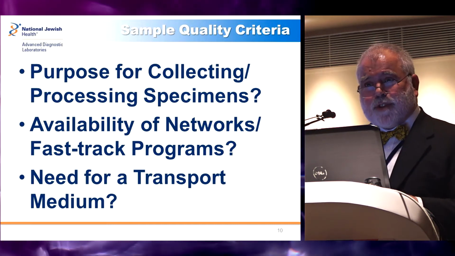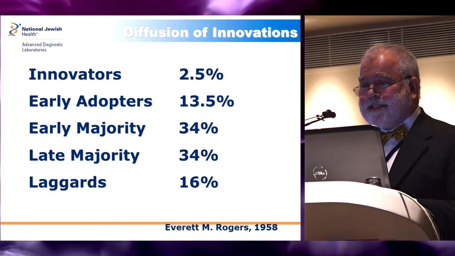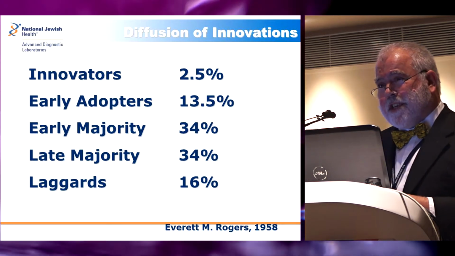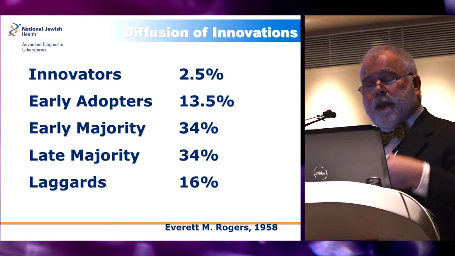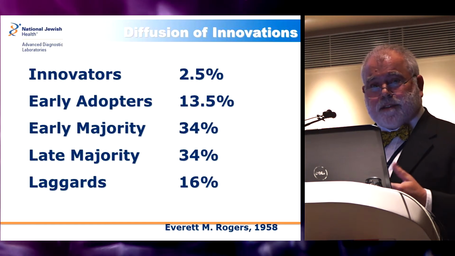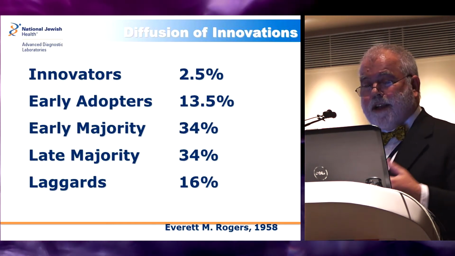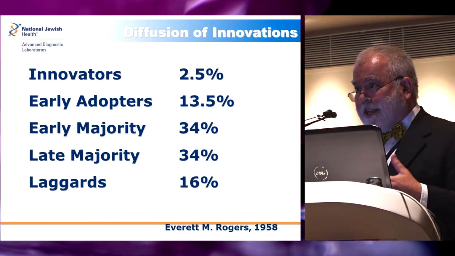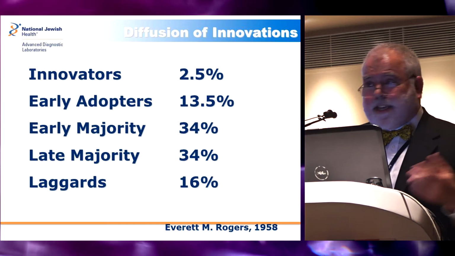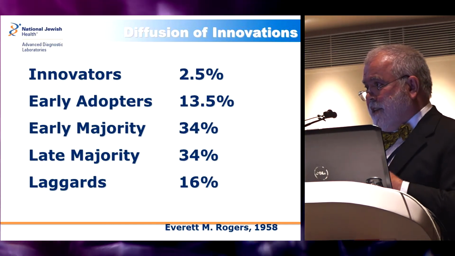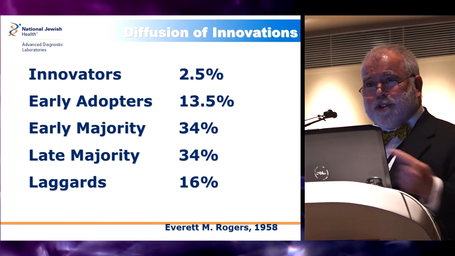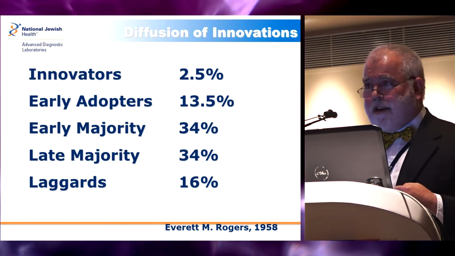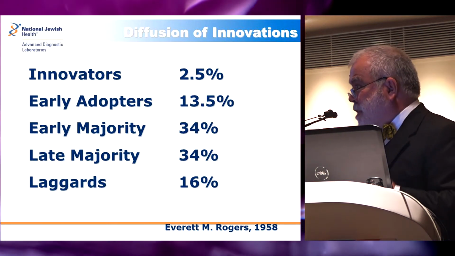Everett Rogers was a farm boy. He recognized, and he published his observation in the 50s, so more than 50 years ago, that there are always innovators, there are early adopters. If you consider the cell phone, how quickly everybody has a cell phone today, and in terms of innovation, the phone is no longer only a phone, it's a calculator, it's a flashlight, and a camera, and many more things.